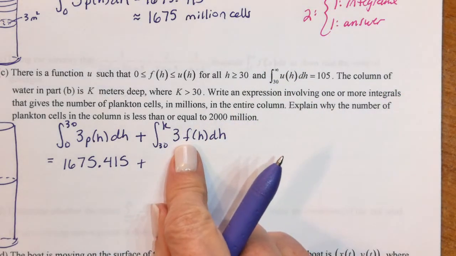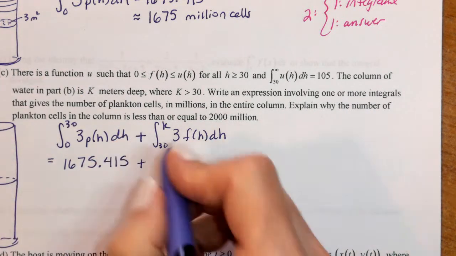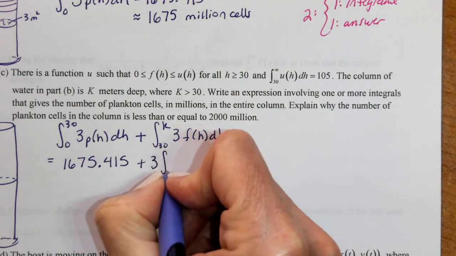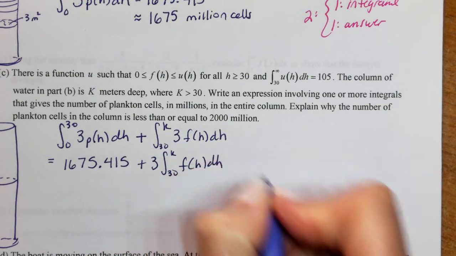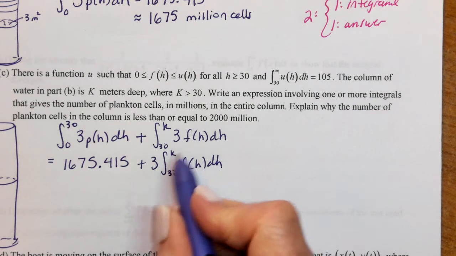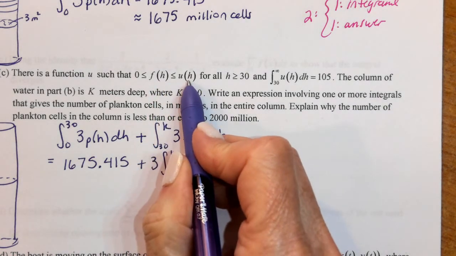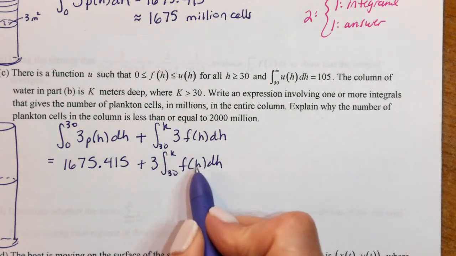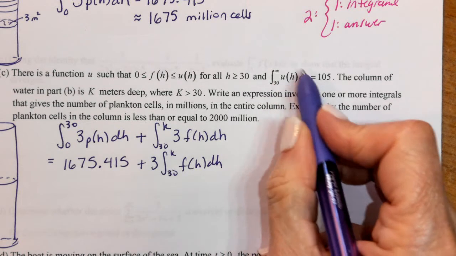It makes sense to me if I take this 3 out, then I have this integral. Let me explain this. Took that 3 out. This integral, since f is less than u, then this integral must be less than this integral. It makes sense to me, right?